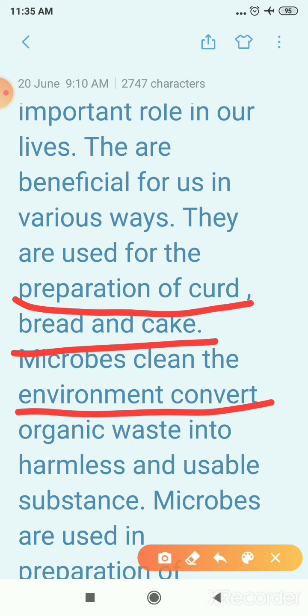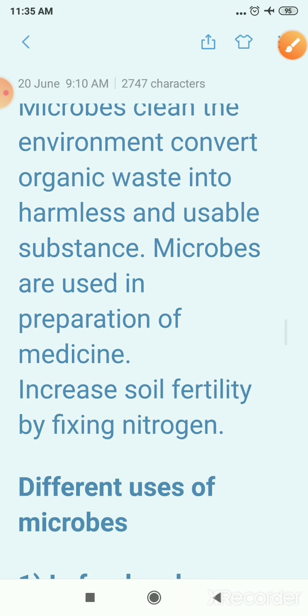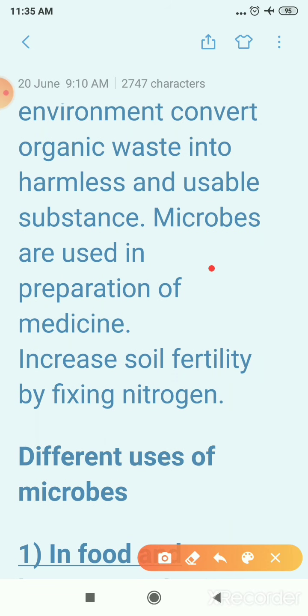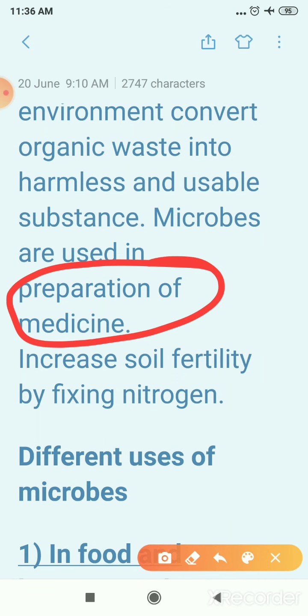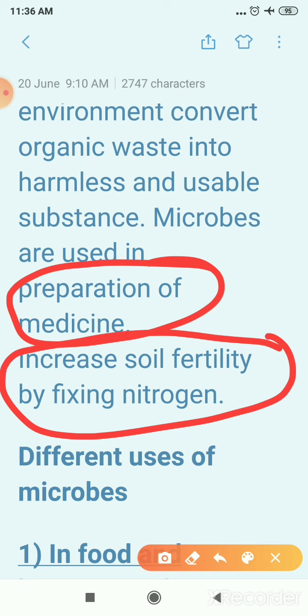Microbes are used in preparation of medicines. Microbes increase soil fertility by fixing atmospheric nitrogen into the soil. All these effects we will discuss in detail.